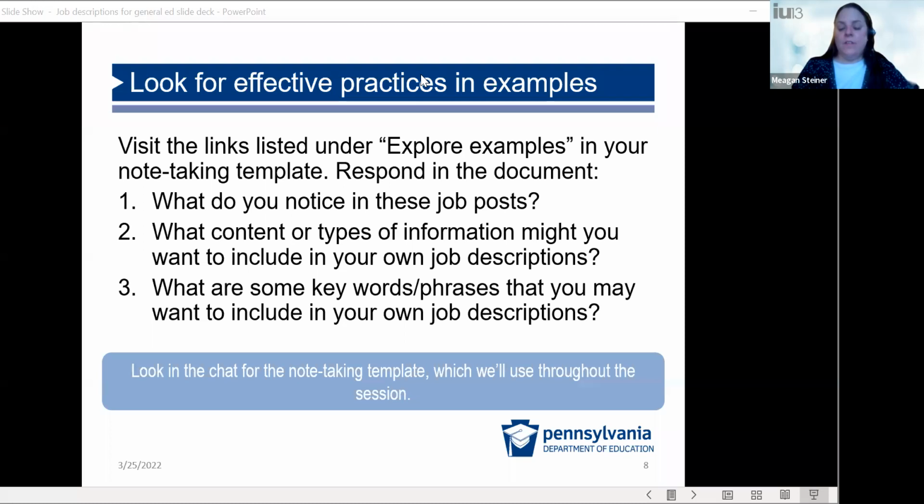So hopefully looking at those examples has been helpful, and we're actually now going to look at some little excerpts from those job posts to go through some effective practices.